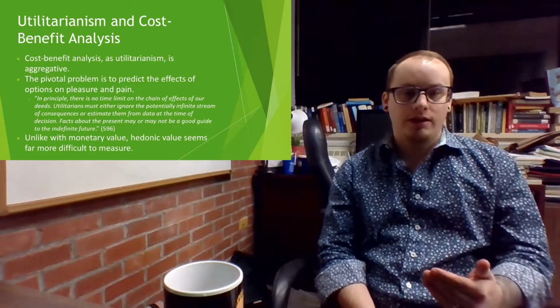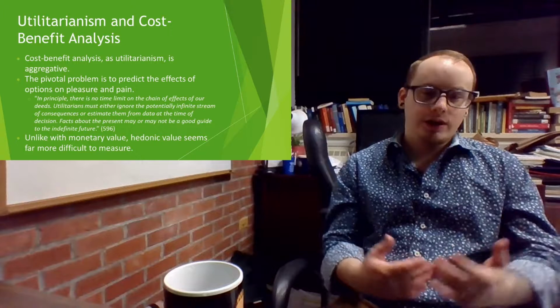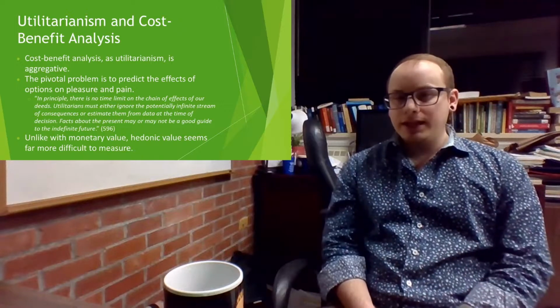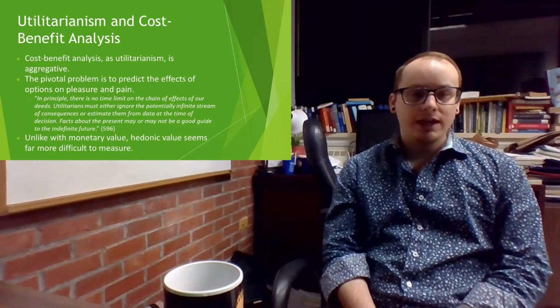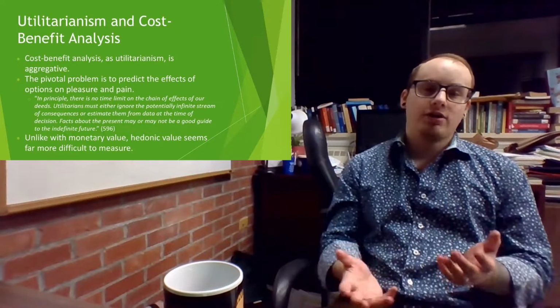So in the long run, there will be aggregate pain and suffering caused by the continuation of the pollution of fossil fuels from cars, right? Because of this, utilitarianism is always subject to revision in those kinds of ways. And this is, again, the pivotal problem in weighing out the aggregates for utilitarianism.